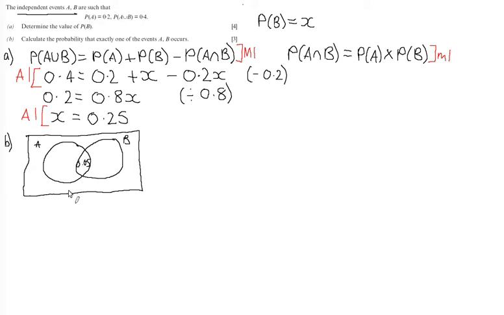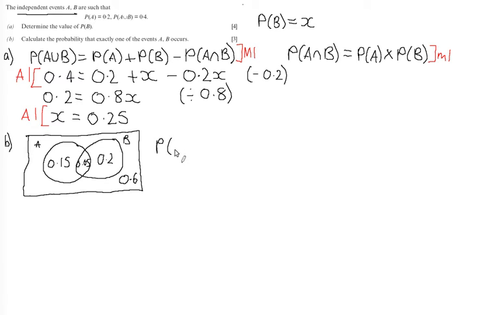0.05. That means the probability of A with this 0.05 must have 0.15 in this left part of the set, because they must total up to 0.2, and the probability of B on the right part of this set must be 0.2 because this has to total up to 0.25, and then the probability outside of this is 0.6.